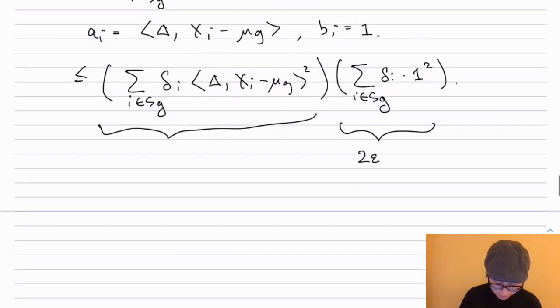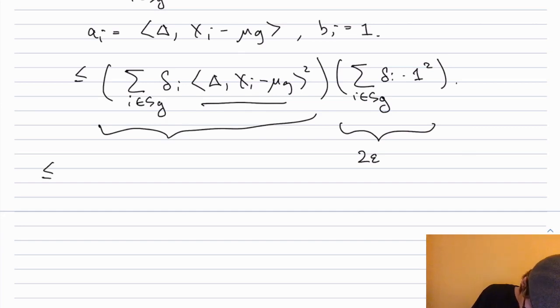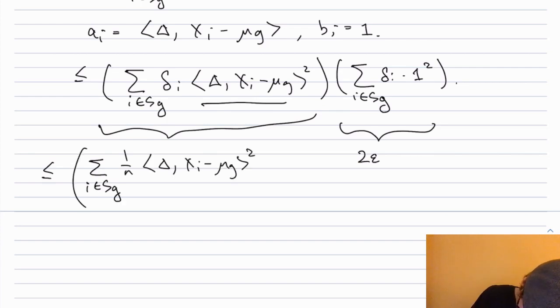We know that delta I are non-negative, and the delta I are at most 1 over n. So I can just replace the delta I's with 1 over n everywhere. Since these terms are also non-negative because they're squared, that will only be a valid upper bound. So this is at most the sum over I in S sub good of 1 over n times (delta inner product xi minus mu good) squared, times 2 epsilon.